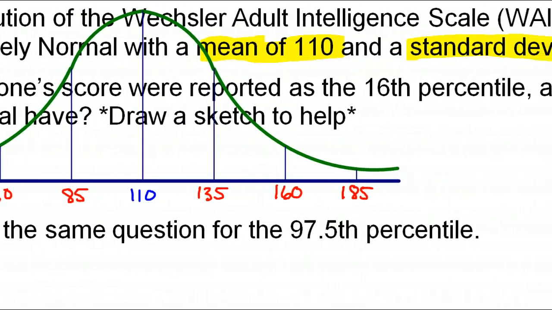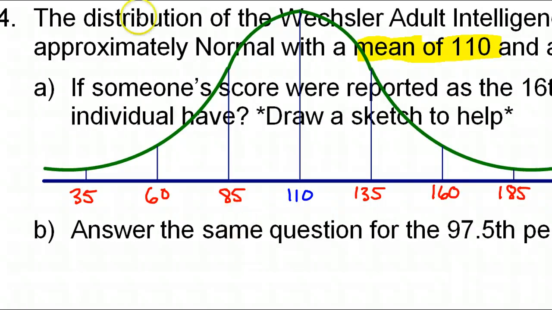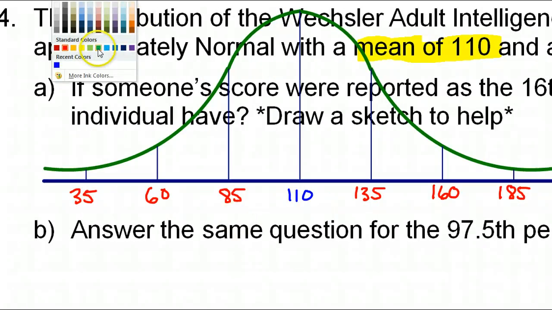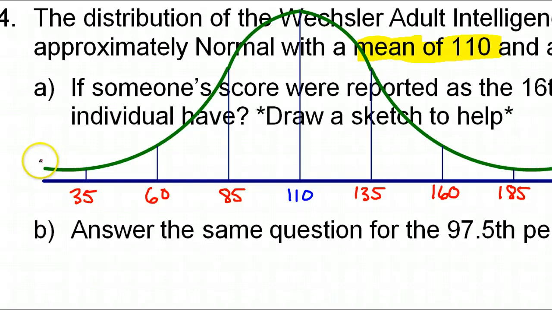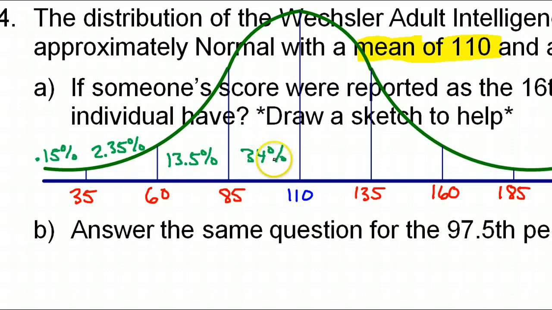Okay, so the 16th percentile. Now remember your percentages that we talked about before. Starting right off, we have 0.15%, and then we have 2.35%, and then we have 13.5% and 34%, and so on.